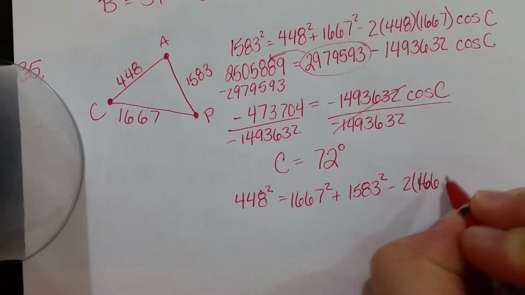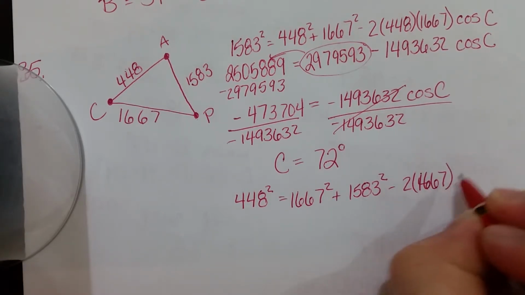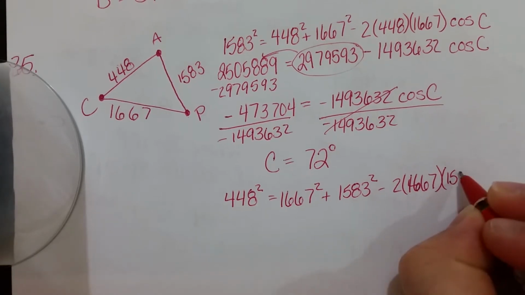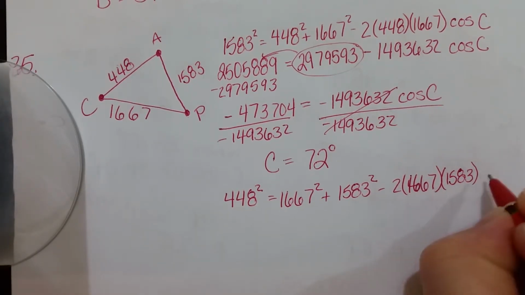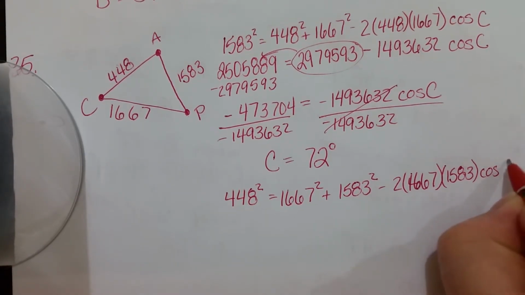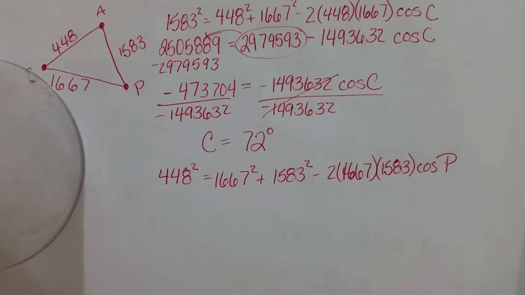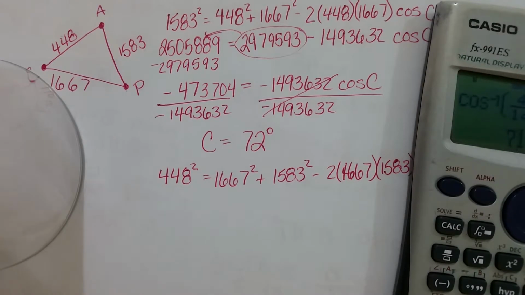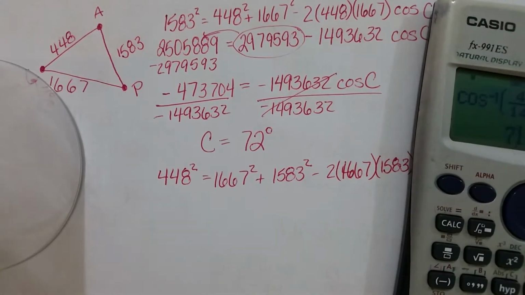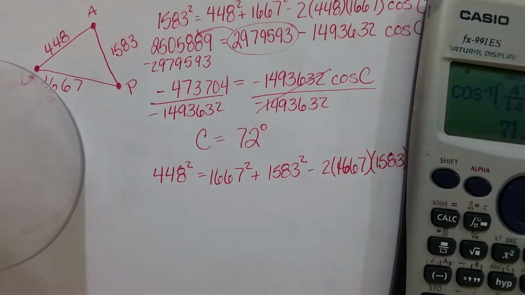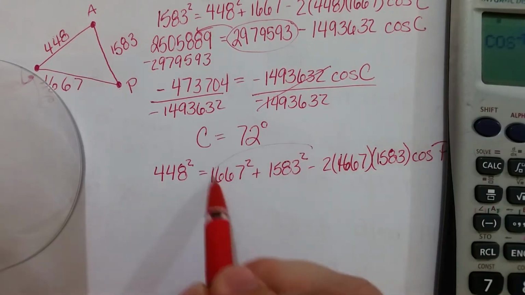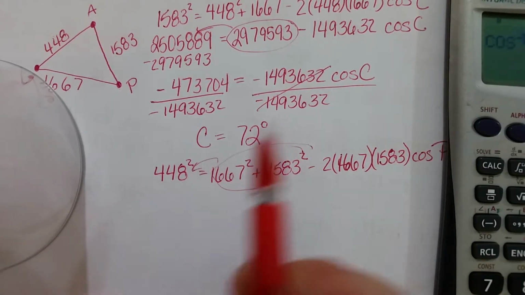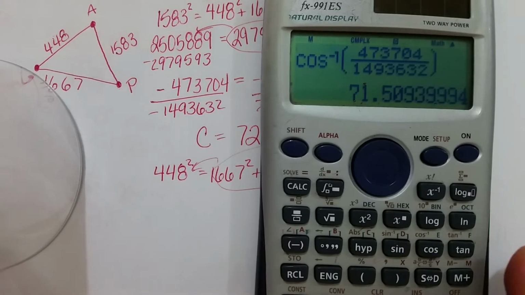1667, 1583, minus 2 times 1667 times 1583, cosine of P. Alright, so basically if I were going to work this out, a couple shortcuts, I can just subtract these two over here. So I'm just going to put that in the calculator all at one time.